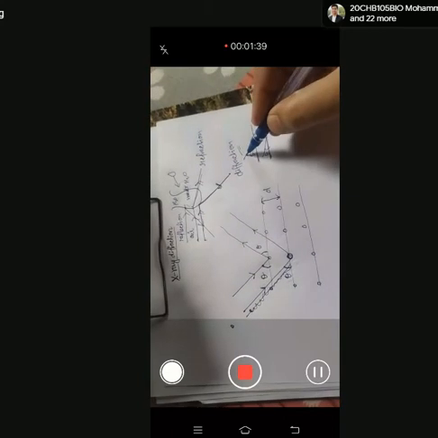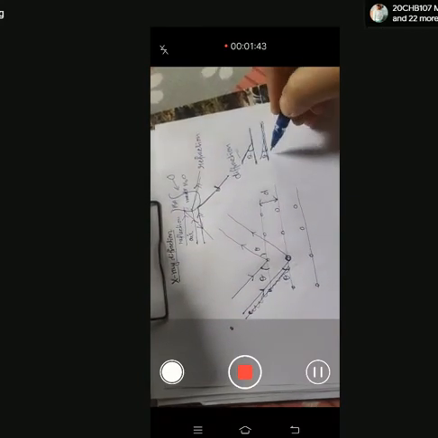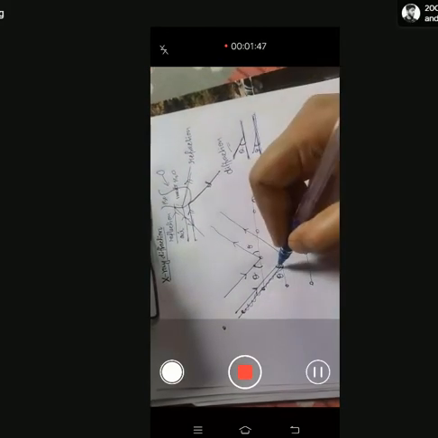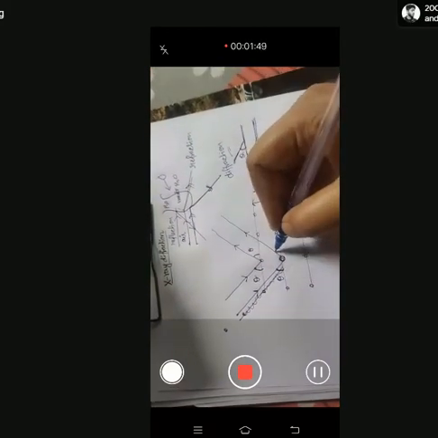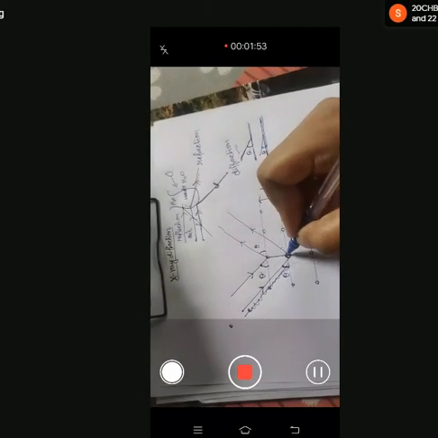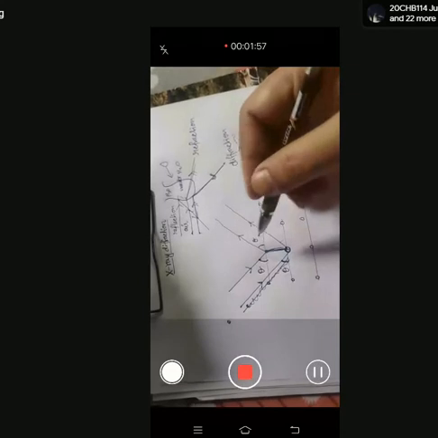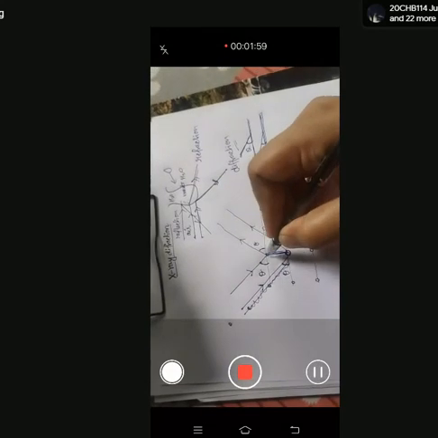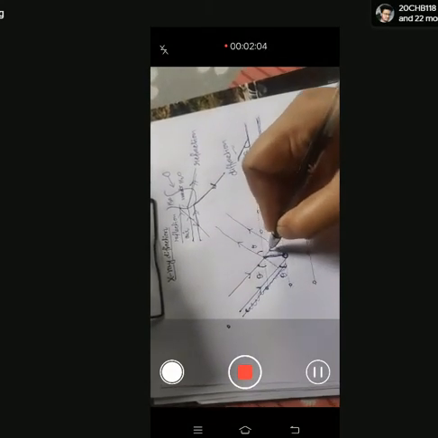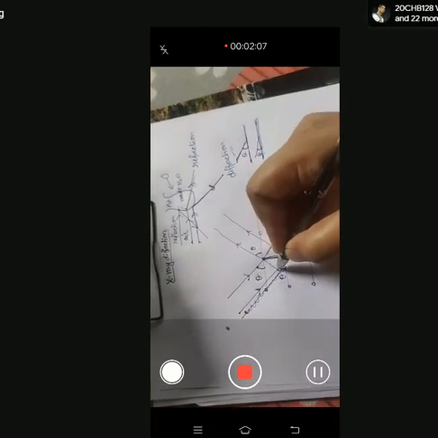When two lines are parallel with each other, then the angles of incidence of these two lines or the two planes will be the same. So this is theta, this is also theta. Similarly, this will be theta. Now this is your interplanar distance, that is d. Now I am joining these two with a straight line.